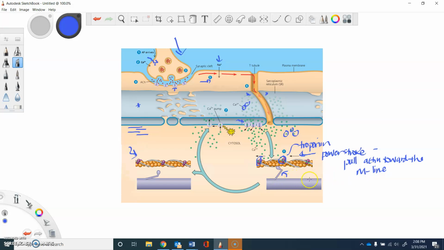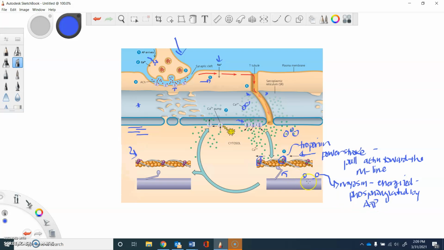So when that happens, there are myosin heads all up on here that are next to the actin filament. These myosin heads have already been energized because they've already been phosphorylated by ATP.